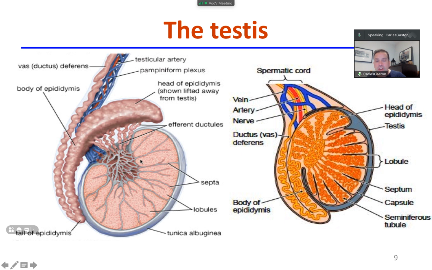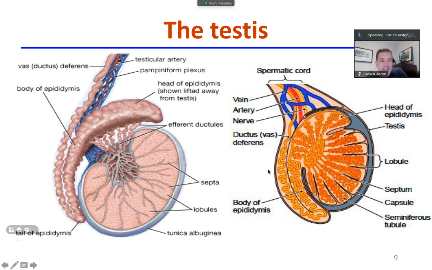So it connects, and the sperm will travel to here into the head of the epididymis. Then this epididymis is connected to the rest of the reproductive organs by the vas or ductus deferens, okay?